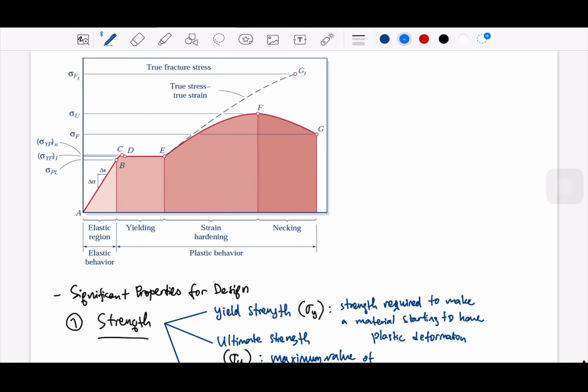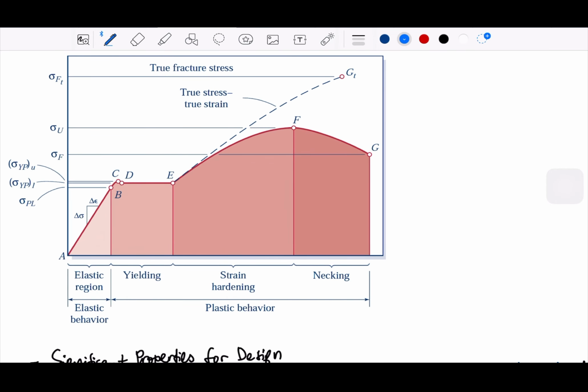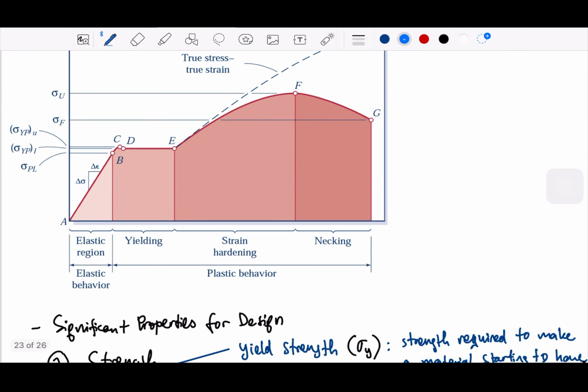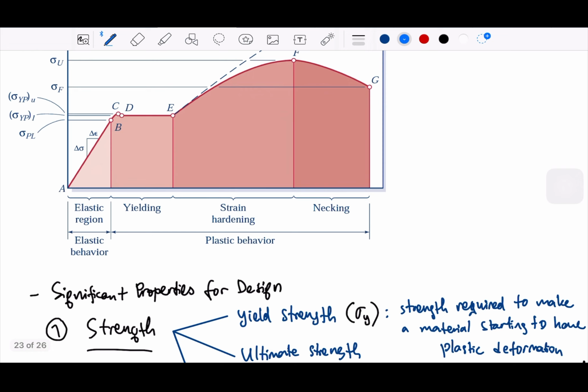So the stress strain behavior: elastic behavior, and then plastic behavior, elastic region, yielding, strain hardening. I mentioned strain hardening in the latest Moodle post. I put some links; if you have time, you can check that out. I think that's one of the simplest videos explaining the dislocation movement and why the dislocation movement makes hardening at a macro scale.